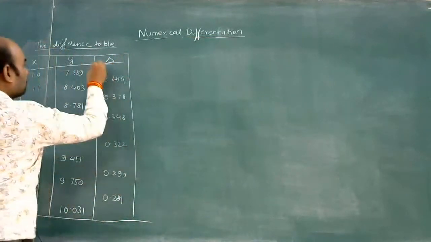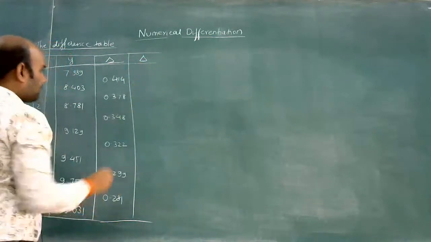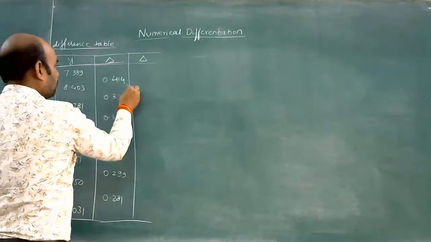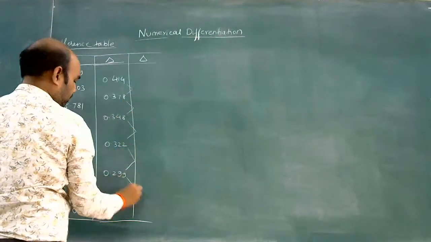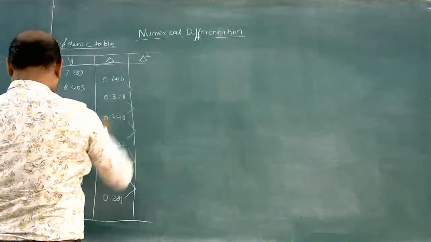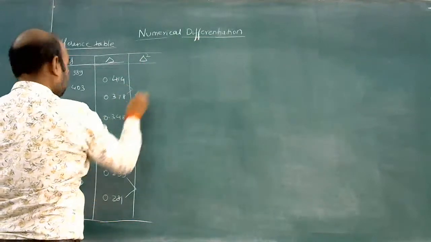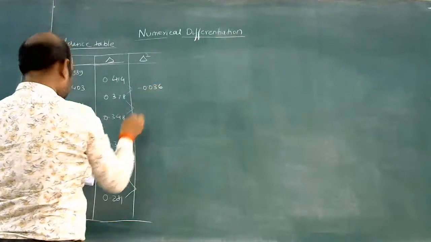So this is the forward difference, then the second difference. The difference of these two will be del square. So this is minus 0.036.